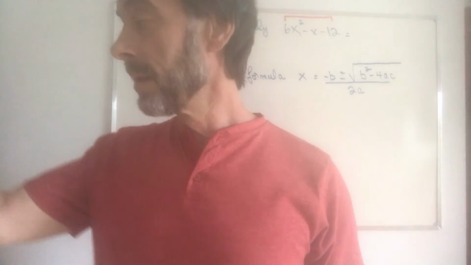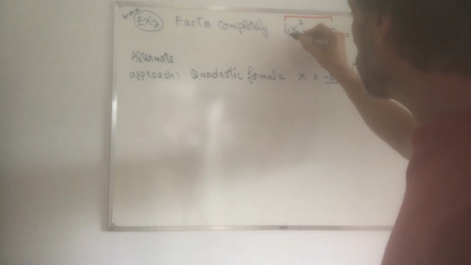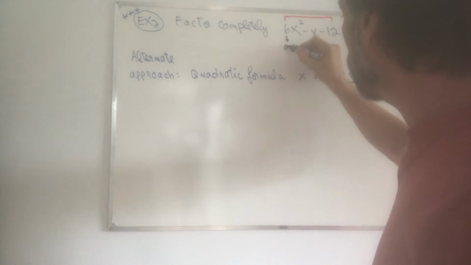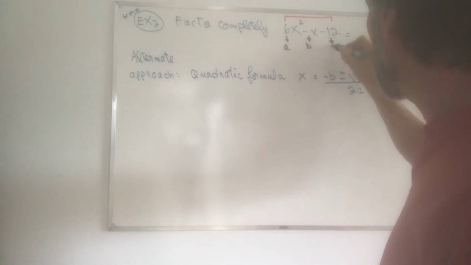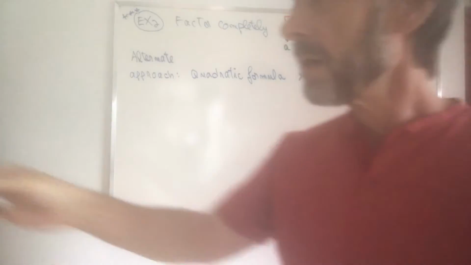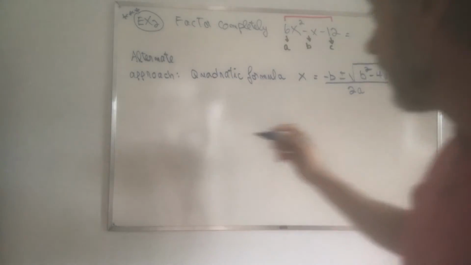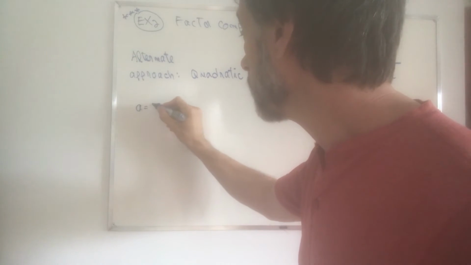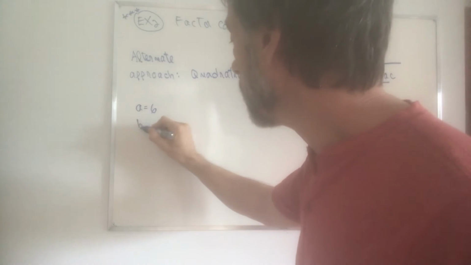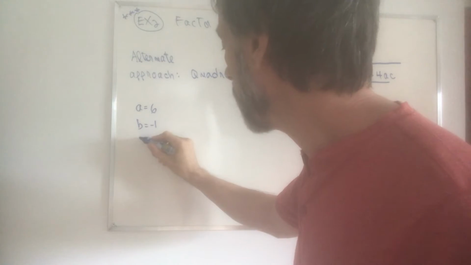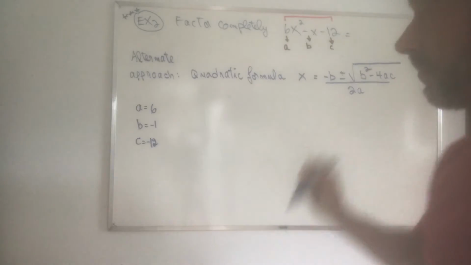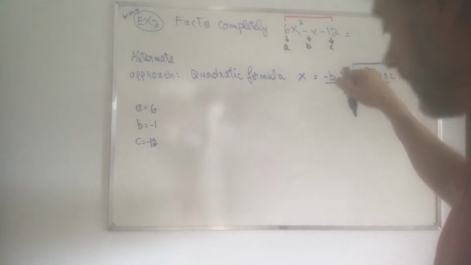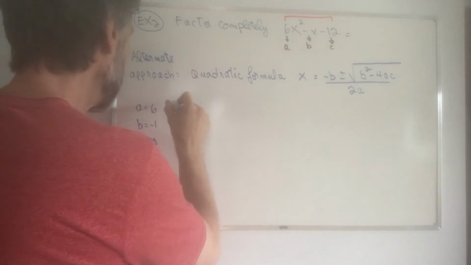Keeping in mind that, as we mentioned before, the coefficient of x squared is a, the coefficient of x is b, and the constant term is c. What I have here is that a is 6, b is minus 1, and c is minus 12. Okay, so I'm going to put that into the formula and see what I get.